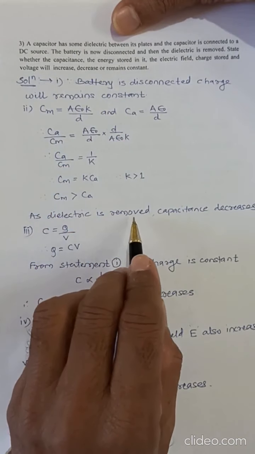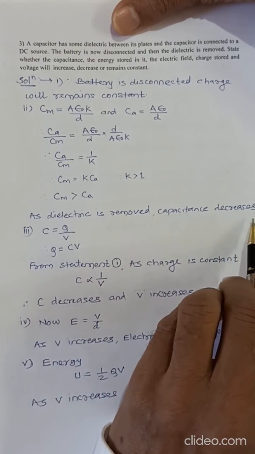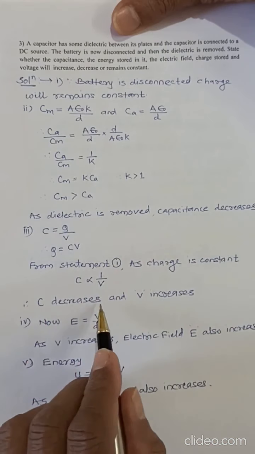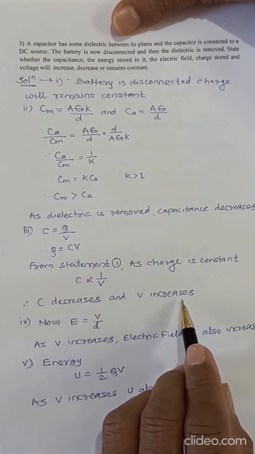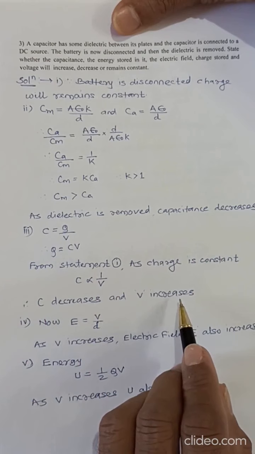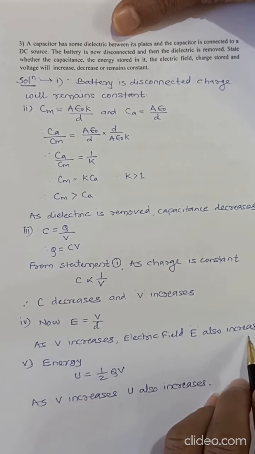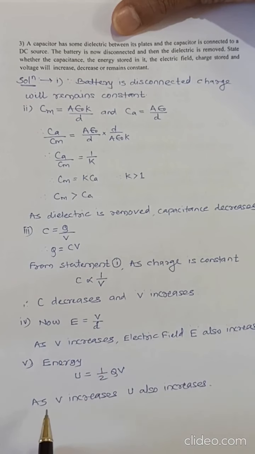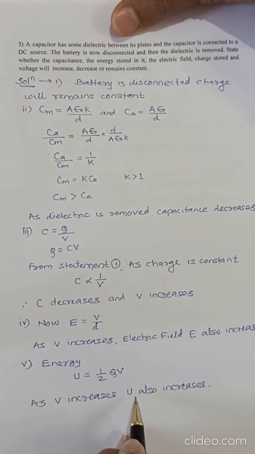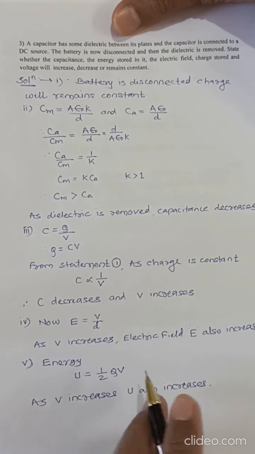As the dielectric is removed, capacitance decreases. As capacitance decreases, potential increases, or V increases. As V increases, electric field also increases and energy also increases. So this is the solution of this numerical.